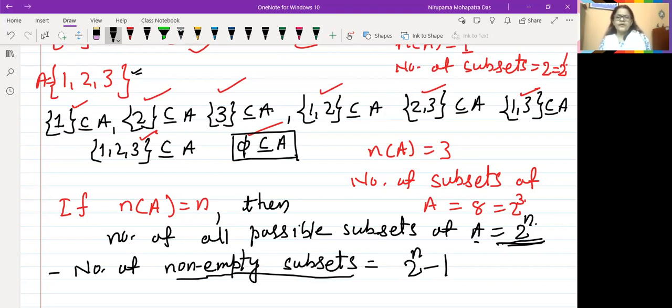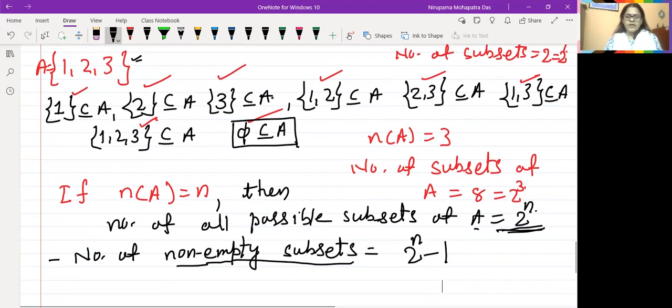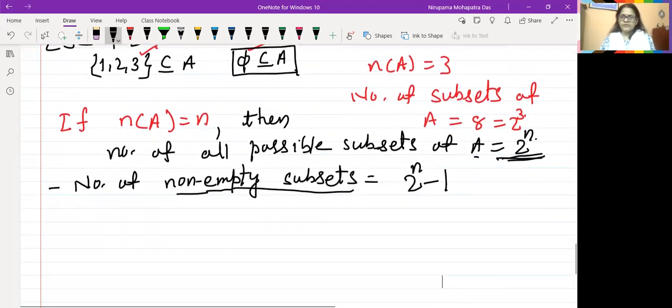Basically, whenever it is all possible subsets, we are including phi. When it is only non-empty subsets, phi will not be included. So the number of non-empty subsets of A having n elements will be 2 raised to the power n minus 1. Okay, so now this is the time to introduce power set.